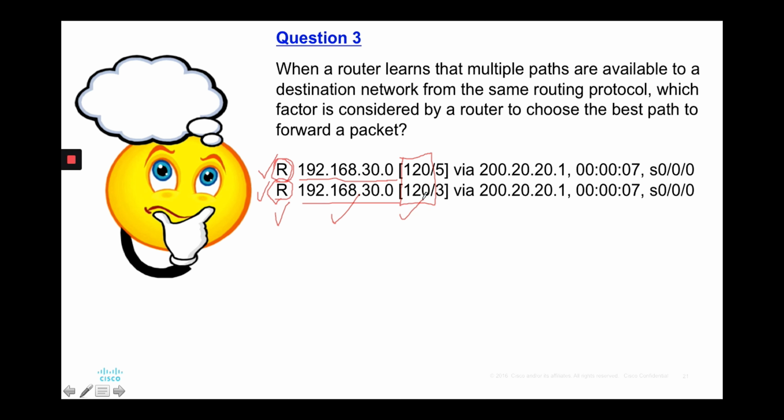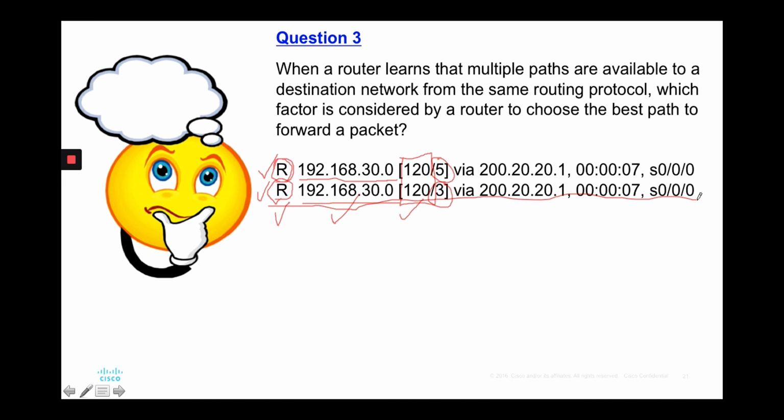I believe you have learned from your previous slides that the router will choose the lowest metric configured. In this case, this 5 metric compared with the 3, so 3 will be the lowest. So this path to 192.168.30.0 is the one we're going to choose, and this is the best path to forward the traffic to the destination.